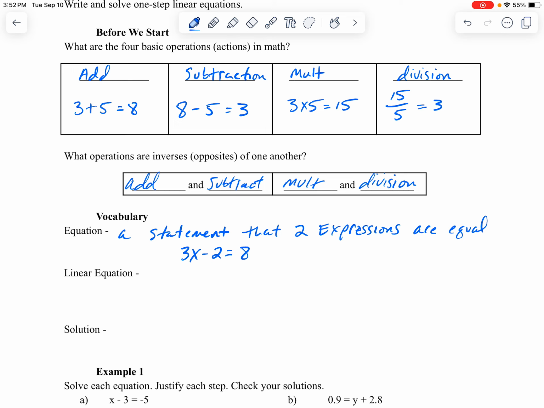Next, almost this entire class, we are talking about linear equations. I was debating the best way to define a linear equation, because we could go really in depth or we could go a little more mild. A linear equation is an equation that only has variables without exponents.